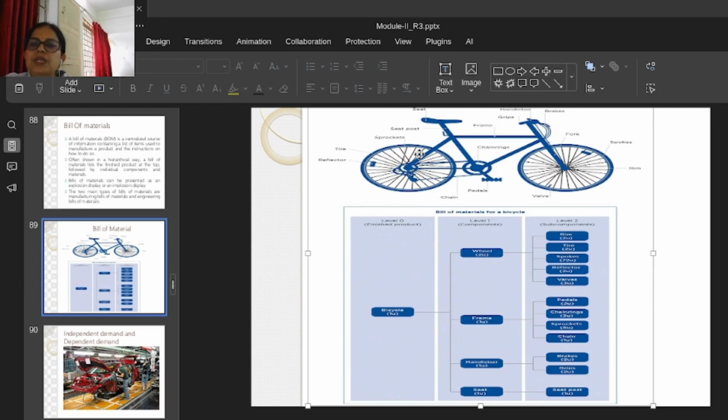These are all the parts or level 1. Like that in level 2, we have the spokes, right? All these items. In this way, we go through the levels of the bill of material.